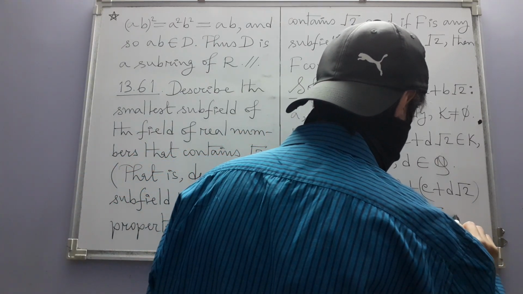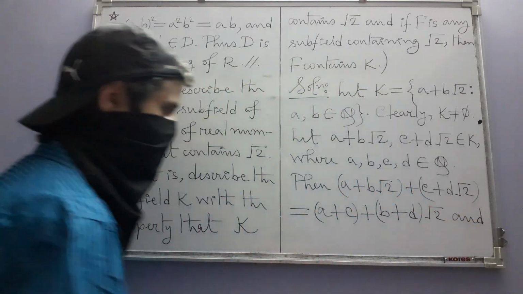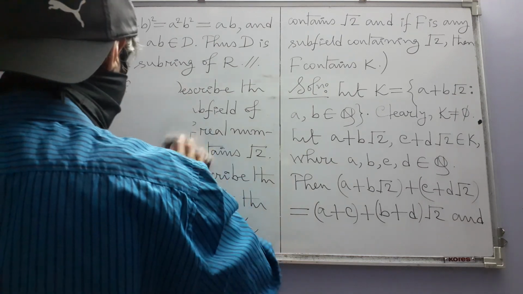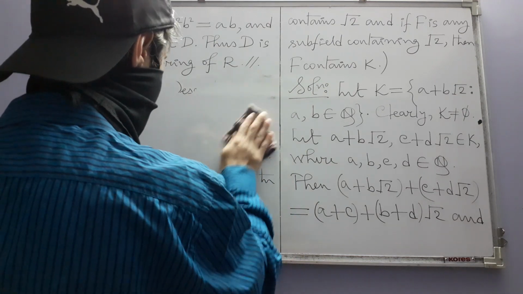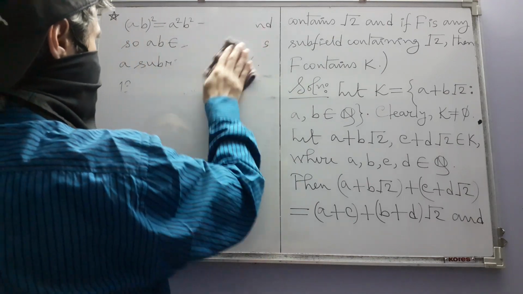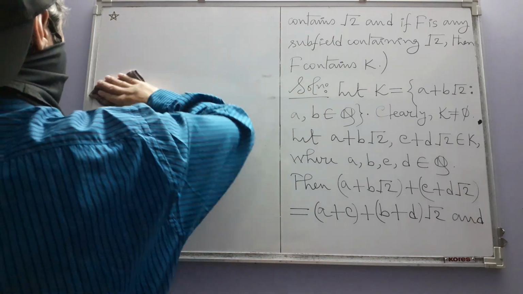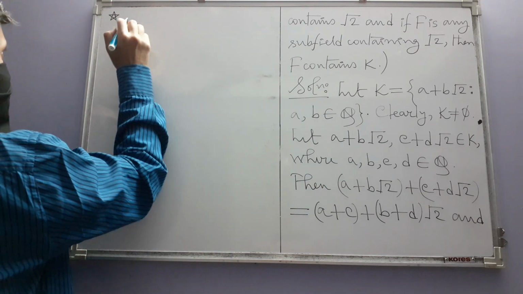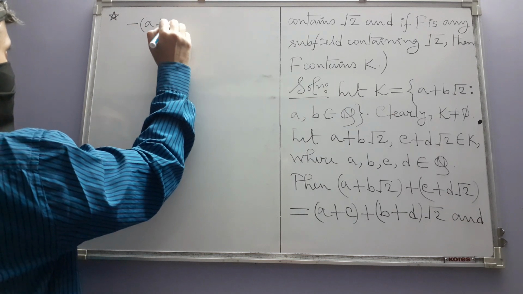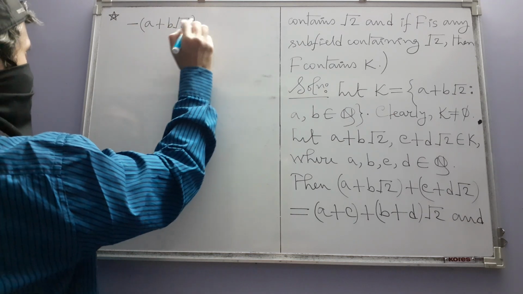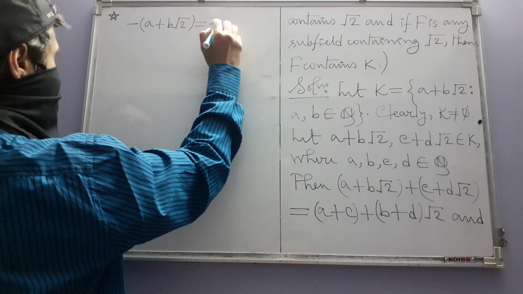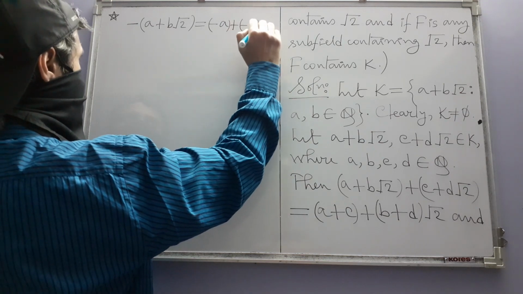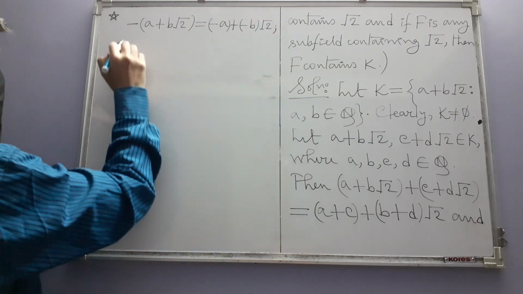and minus of a plus b root 2 can also be written like this, minus a plus minus b root 2.